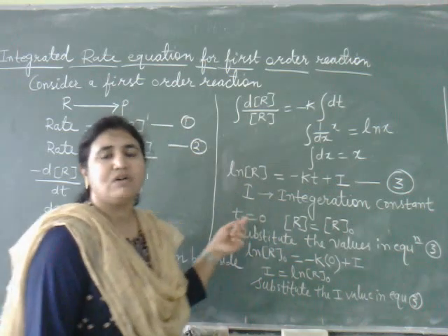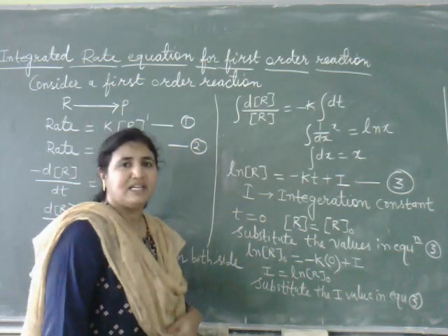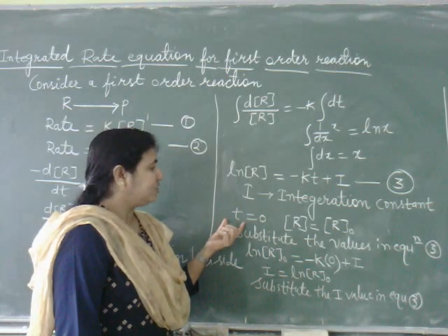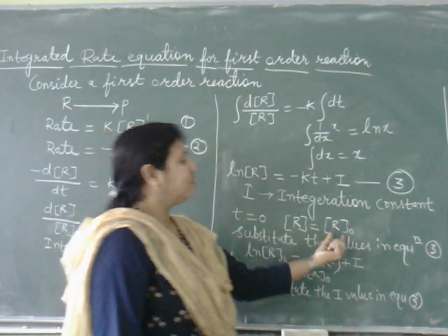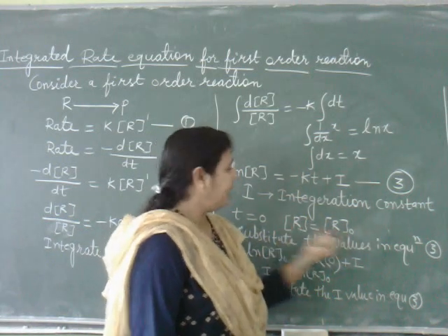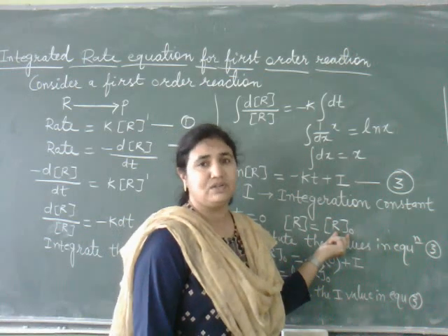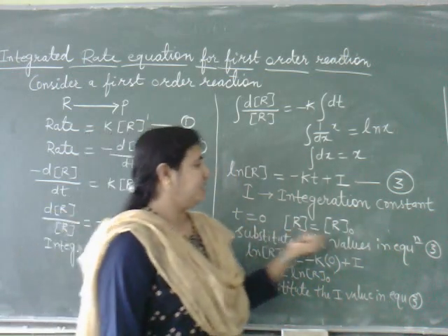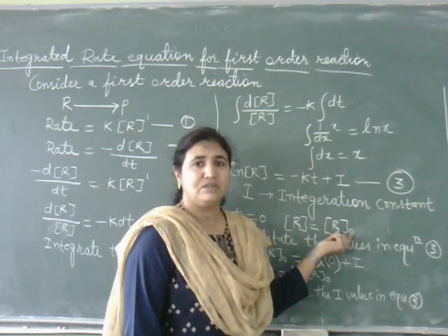This integration constant value we can find out by taking the initial conditions. The initial conditions are: when t is equal to 0, R becomes equal to R naught. This R is the final concentration and this R naught is the initial concentration. So when time is 0, the concentration is equal to the initial concentration.